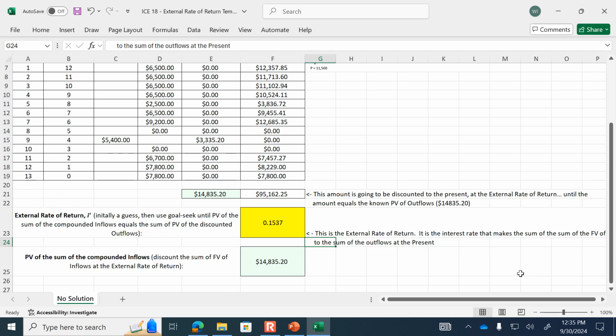Okay, so the external rate of return, 15.37%. So this is generating all of these profits over time. But the place where I'm putting those profits only pays 5.5%. So what the external rate of return takes into account is both the quality of your secondary investment and what yield it generates for you.